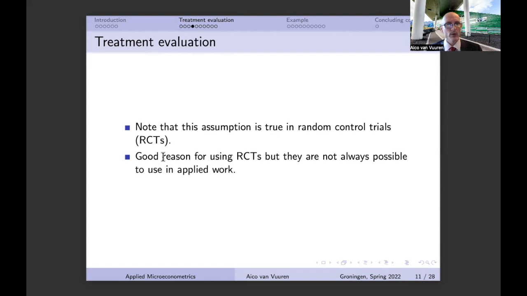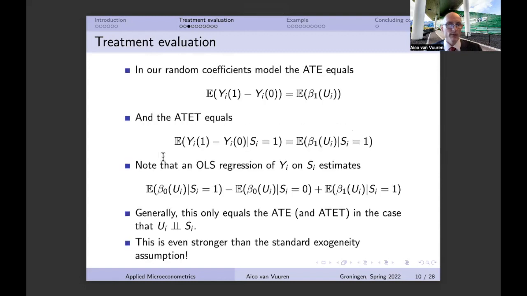In a randomized controlled trial, and that's very much the case in almost any medical sciences research, you are the one making the decisions about S. So what we typically do in medical sciences is randomly give a particular group a particular kind of treatment, and randomly some other group, which is usually called a control group, does not receive the treatment.